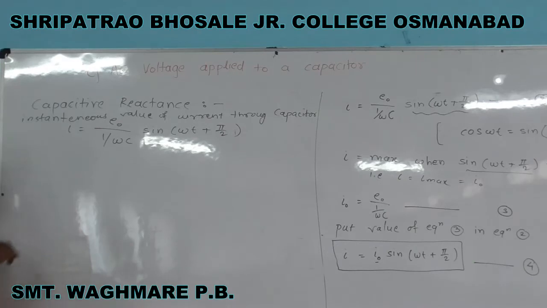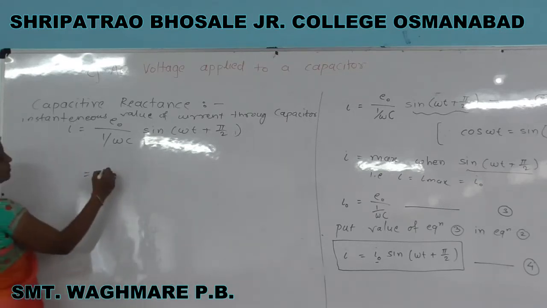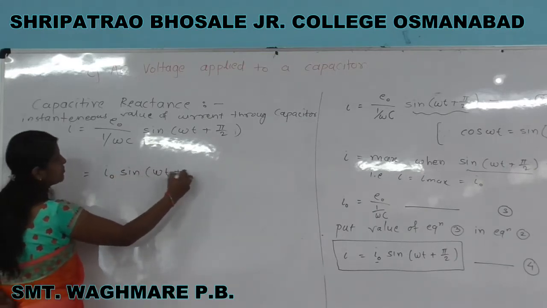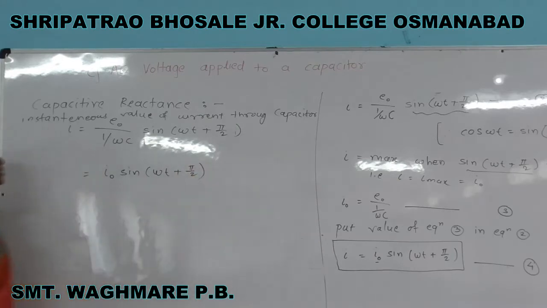Then this is equal to I naught sin omega t plus pi by 2. This I is equal to I naught sin omega t plus pi by 2.